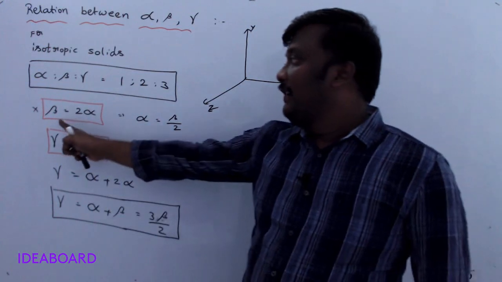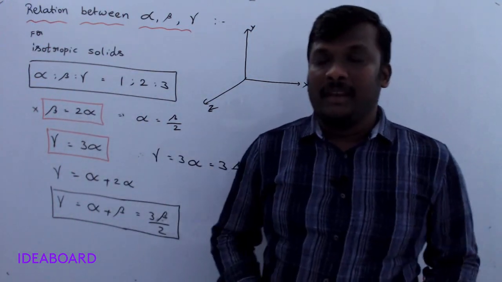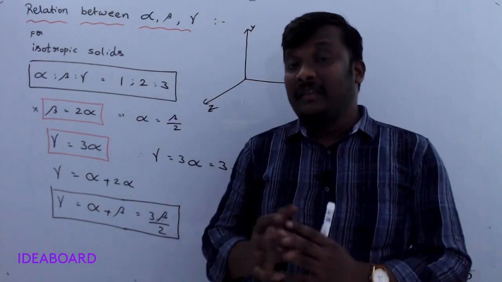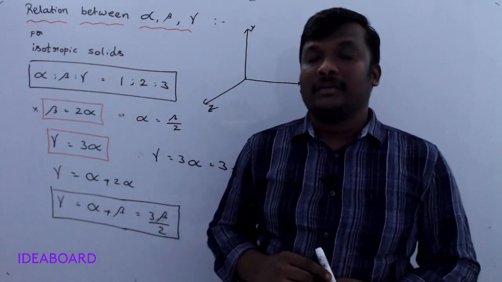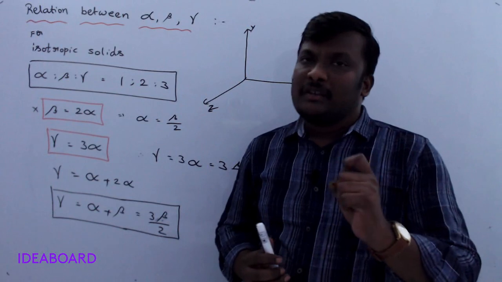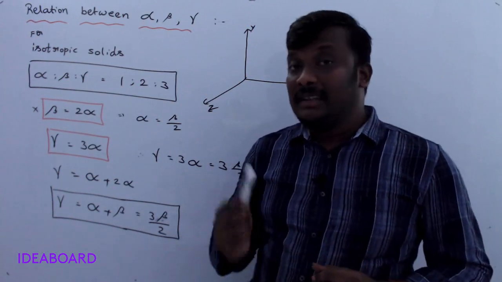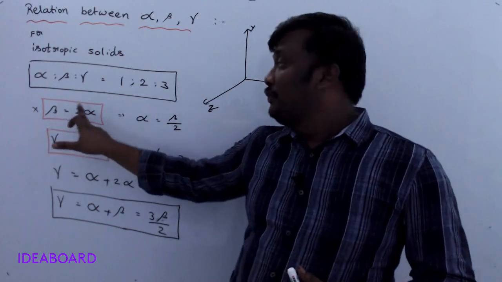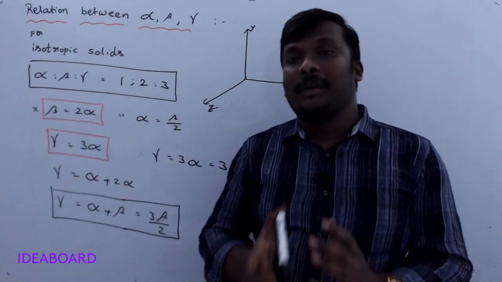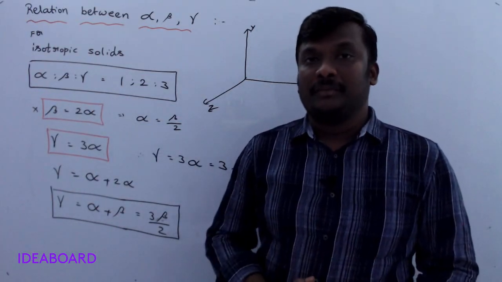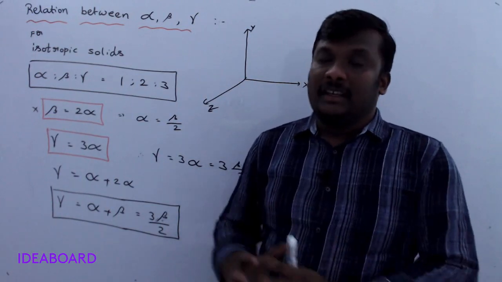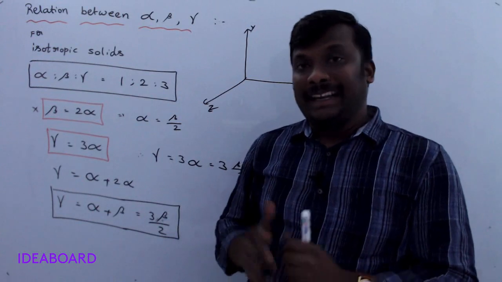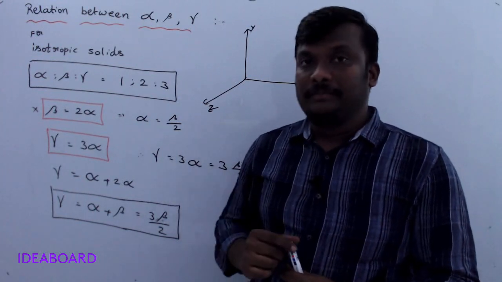Understand? Beta value is how much? 2 alpha. Sometimes they take a sheet but give only the alpha value. A sheet indicates superficial expansion, but they have given alpha. Then instead of beta, you substitute 2 alpha, and the numericals become easy for you. Similarly, they may explain something related to a cube but give the value of alpha.